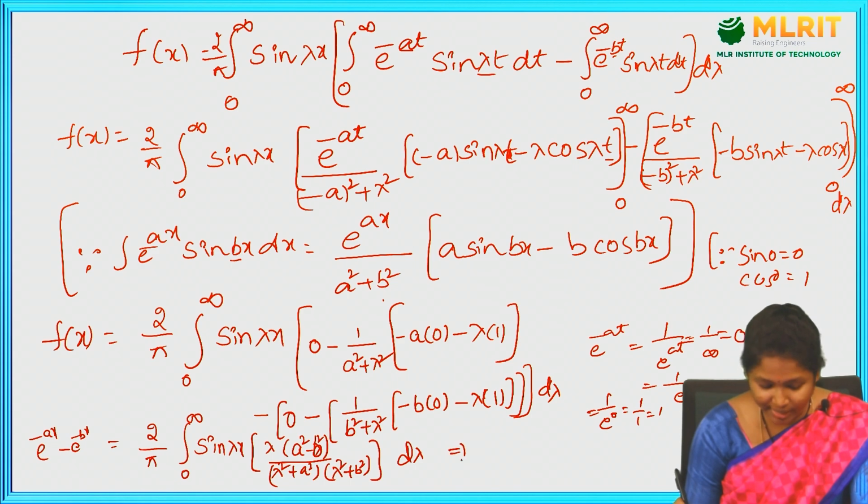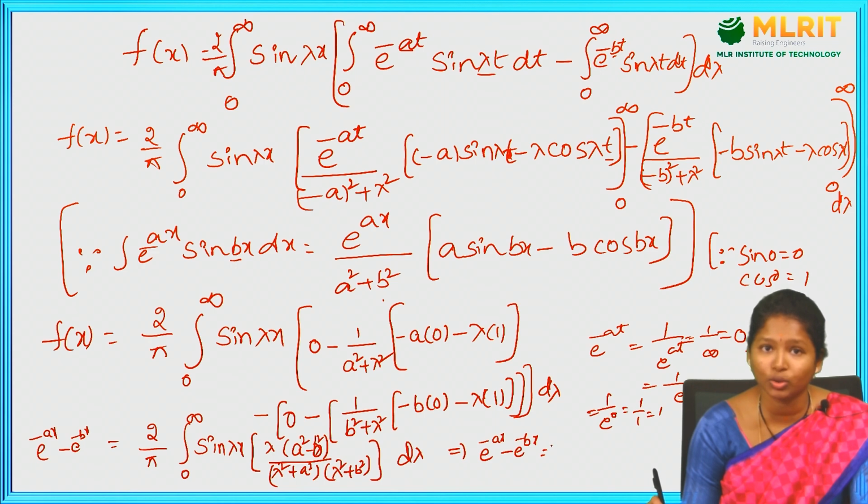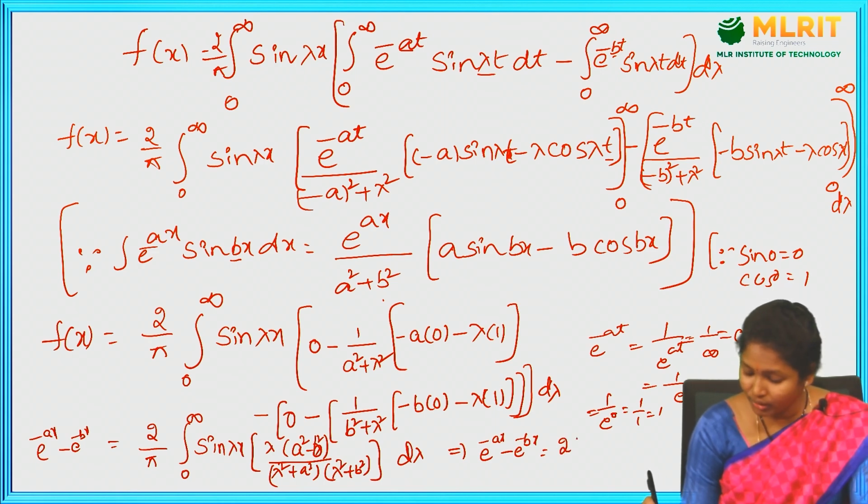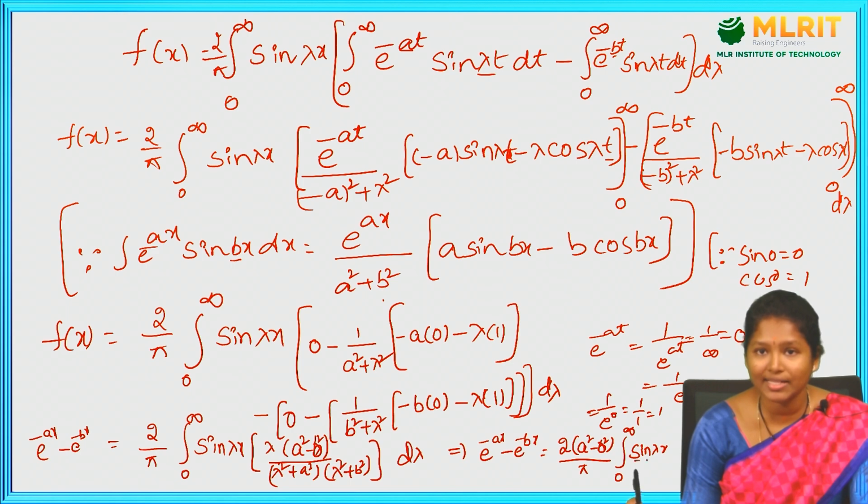So we will get e power minus ax minus e power minus bx equal to 2 into a square minus b square by pi into integral 0 to infinity sin lambda x by lambda square plus a square into lambda square plus b square d lambda.